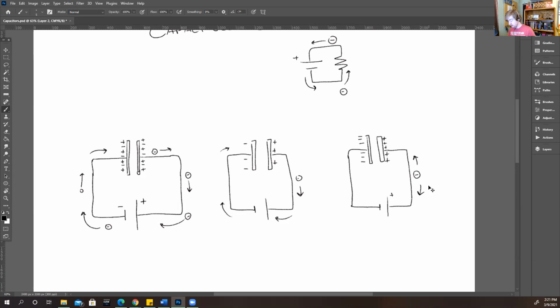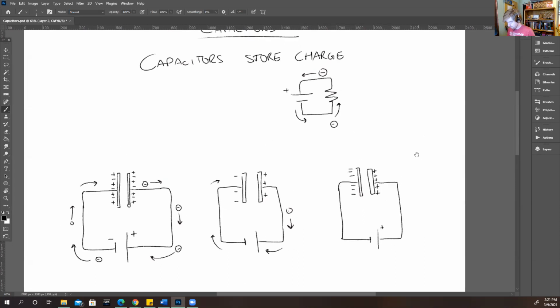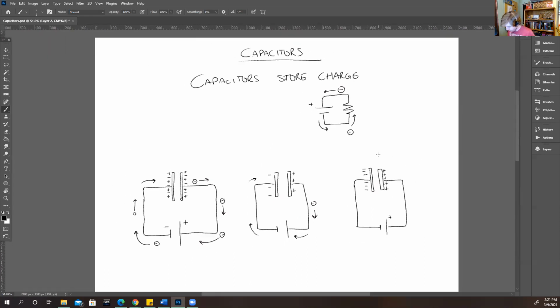That's when this flow stops and it becomes stable. But at this point, you see there is this slow building up of charge, or this slow separation of charge between these two plates.